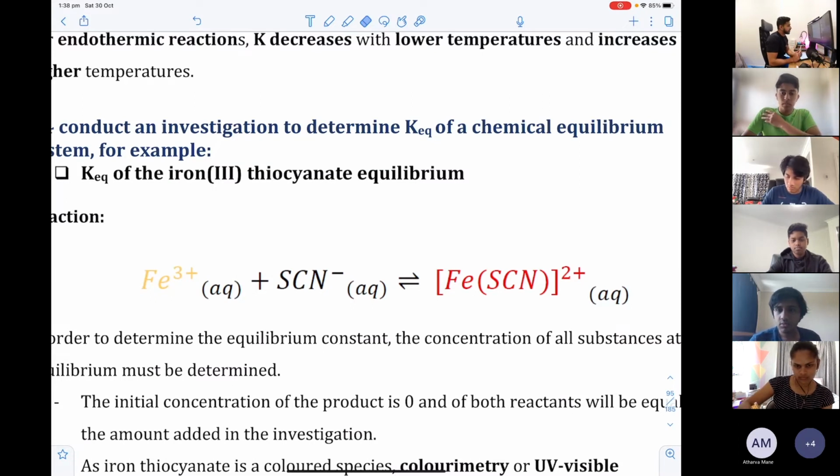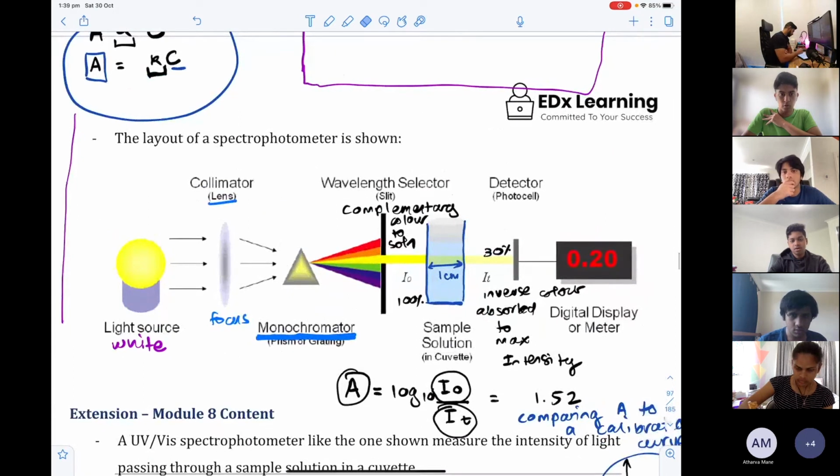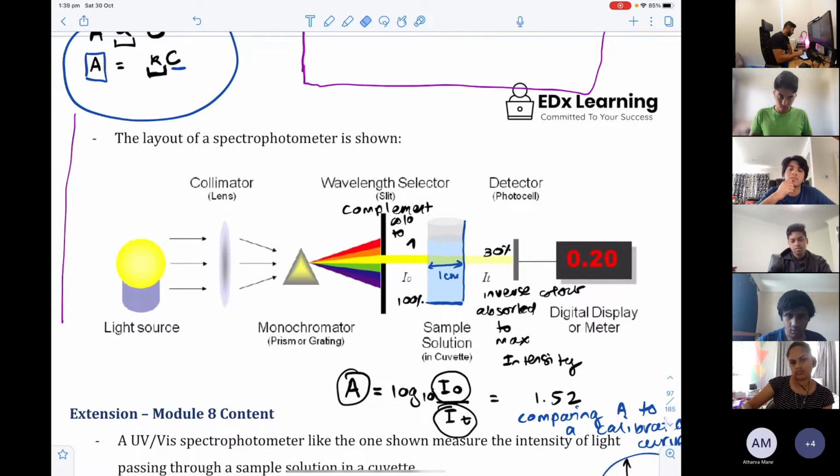So Pranav, what are the components of colorimetry? What are the different components inside the colorimeter machine? So there's the light source, which is absorbing the color of the solution. The light source absorbs the color of the solution?